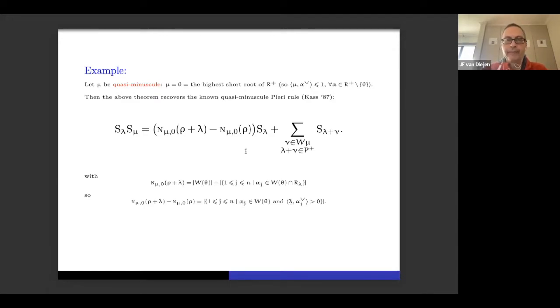And well, this case reproduces a familiar formula, because the case of quasi-minuscule fundamental weights was also worked out by Cass, and the final result, of course, agrees. Right, so that's a nice test case of the formula: in the case of quasi-minuscule fundamental weights, we just get the formula of Cass.